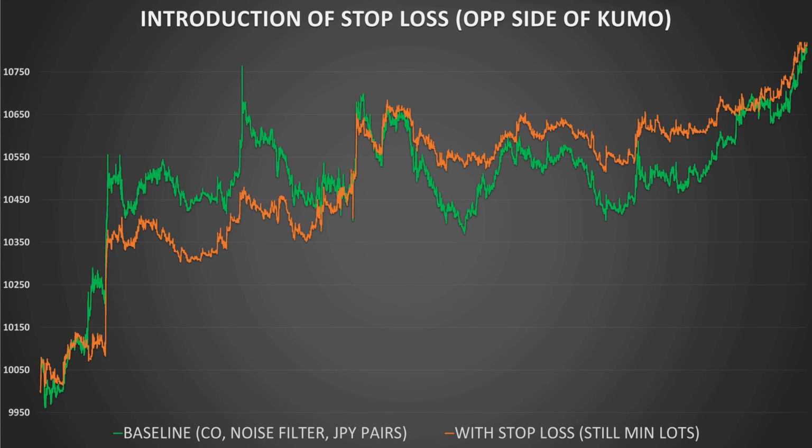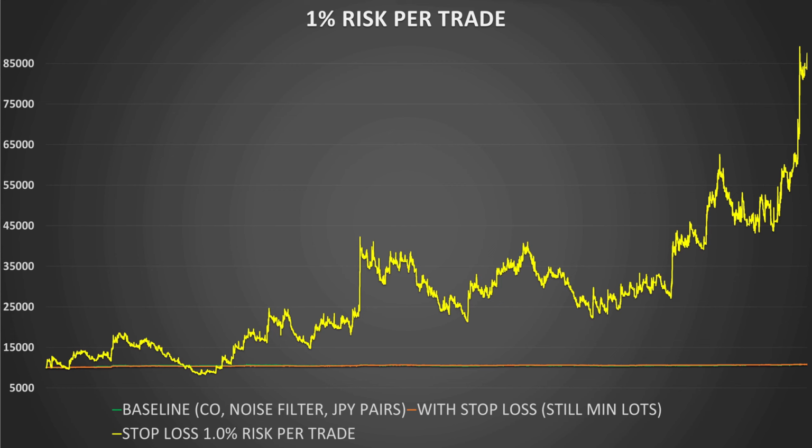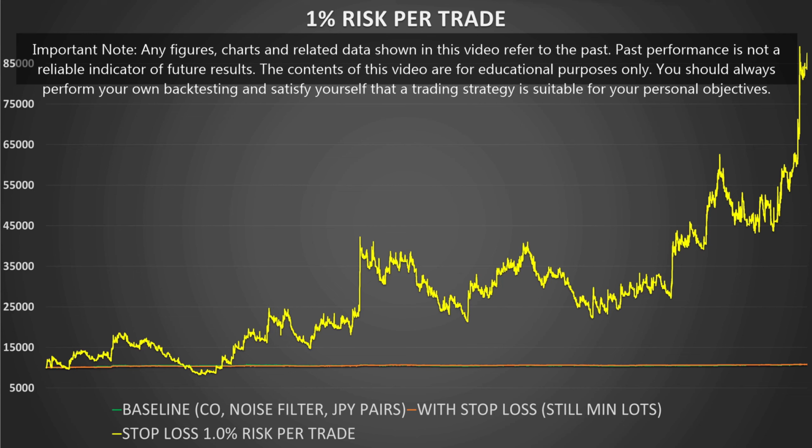And if we now take the two equity curves that we had previously, the green one here, as a reminder, is the basic implementation without a stop loss, and the orange curve is with a stop loss. If we now plot these new results onto this same chart, what you see is that the green and orange curves now look almost flat, because the returns achieved there are so small compared to when using the 1% of risk per trade.